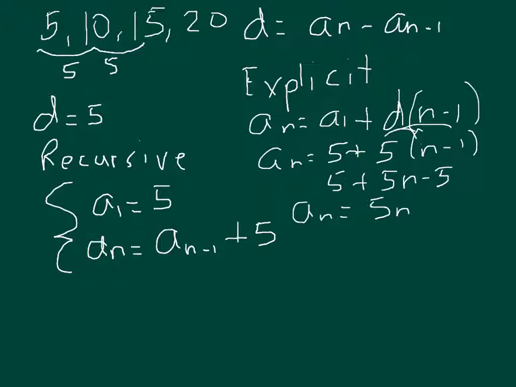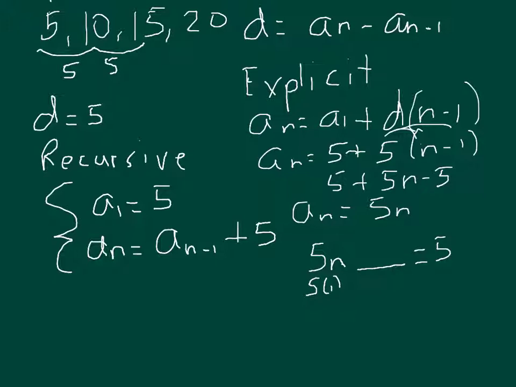I also showed you a second method to do explicit formula. Remember that you could have said, okay, I know that the slope is 5, and that goes in front of your n, and then you have to figure out, well, if 5 times n plus or minus, let's leave that blank, you have to figure out the pattern. You know that if n was 1, remember I put a 1 above the 5 up there in the sequence, it's hard because I didn't have room, but if I put in 1 for n, my first output value in that sequence should be 5.